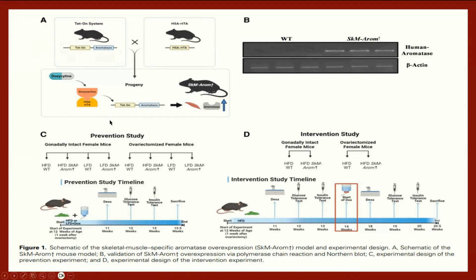We did two different studies, a prevention study and an intervention study, in both gonadally intact and ovariectomized female mice. The purpose of the prevention study was to give a high-fat diet and doxycycline, turning on skeletal muscle aromatase at the initiation of the experiment.